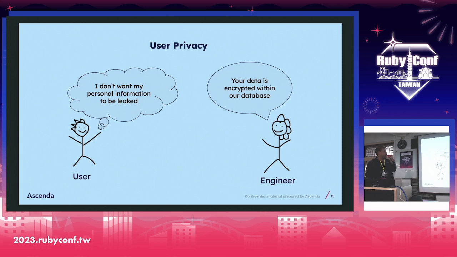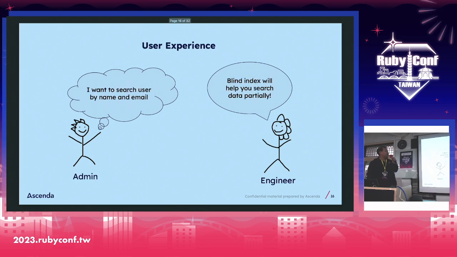But then we need to have another kind of user, which is our business admin, for example customer support, who need to look up customers. They usually need to search for the customer using personal information or personal identification.